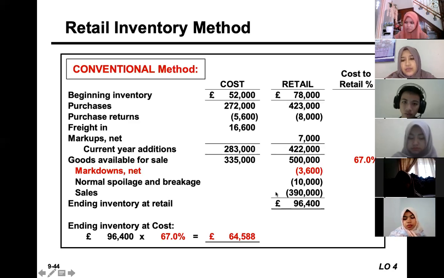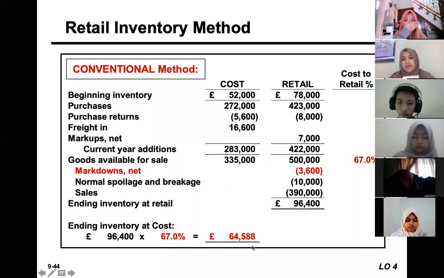Later on, when we calculate the ending inventory, we only have the information of ending inventory at retail prices, the selling prices. We do not know what is the cost of ending inventory. So we take this percentage and multiply it with the ending inventory under retail. So it will give us the ending inventory at cost, which is 64,588.